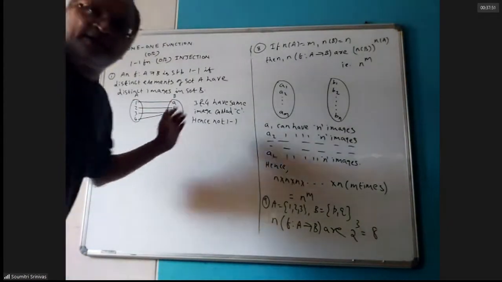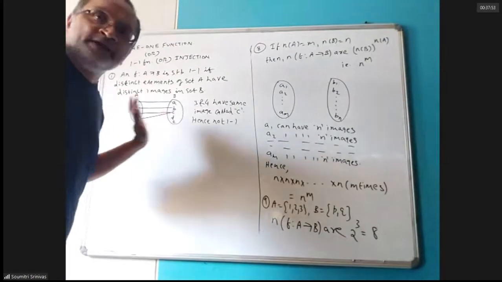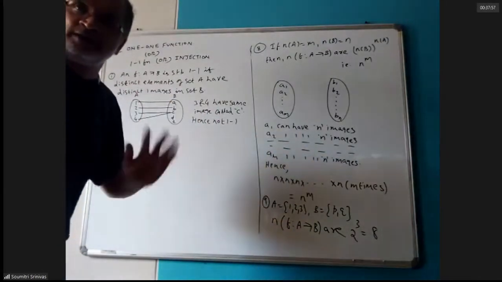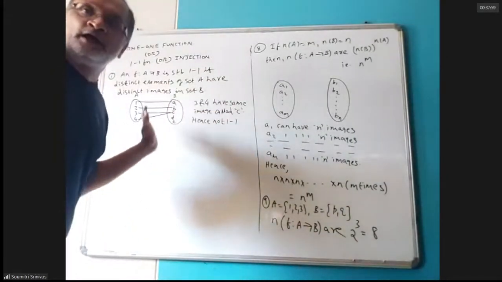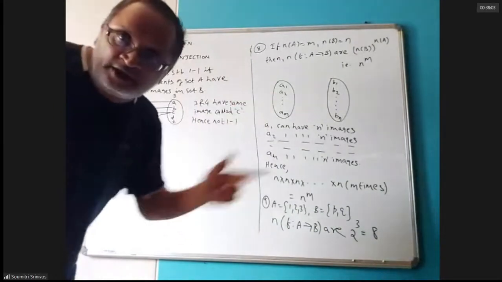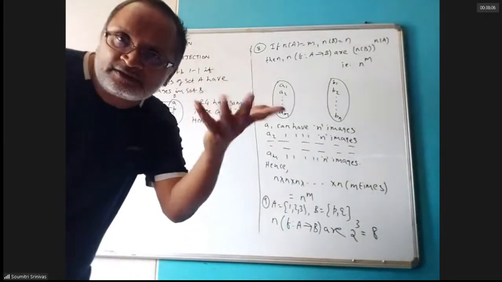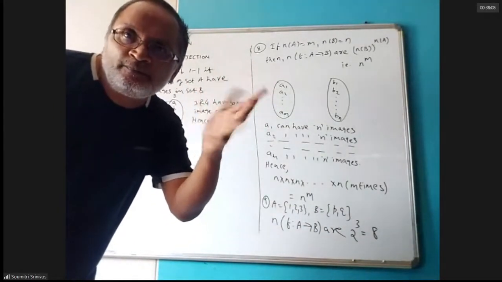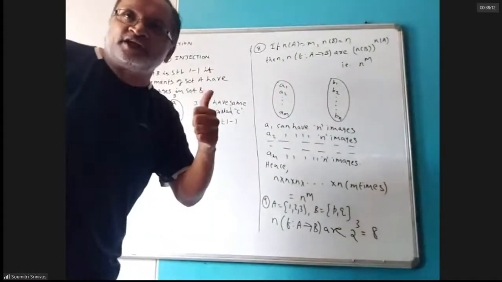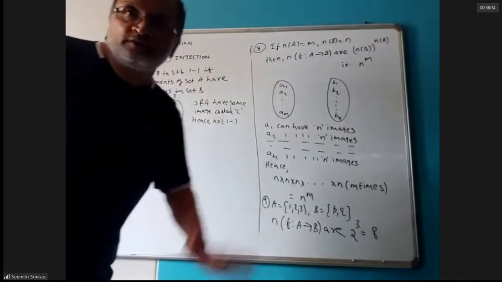If there are 10 elements, 15, 20, 40, 1000, 2000 elements, you can check. But with 1 crore or 4 crore elements, is it possible to check whether distinct elements have distinct images? No. This method fails. In such a case, how do you test?